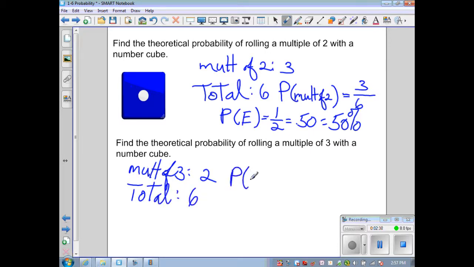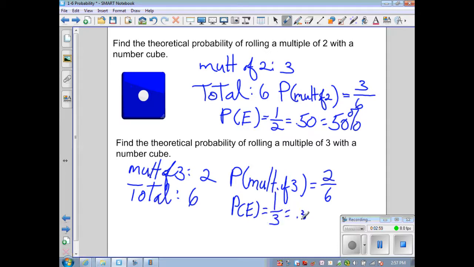So the probability of a multiple of 3 is going to be 2 over 6. In this case, it would be a probability of our event occurring in this situation, multiple of 3, when I simplify, 1 out of 3, which could be 0.33 as a decimal, or 33%.